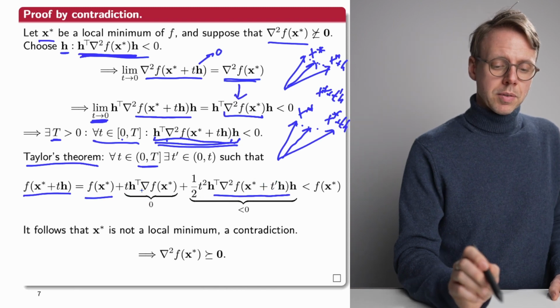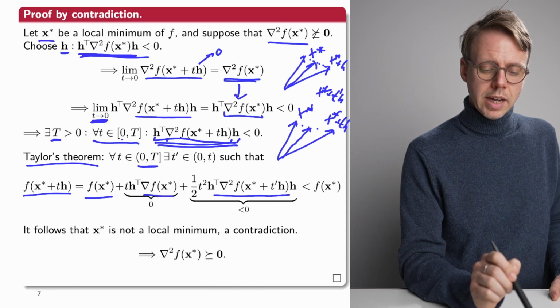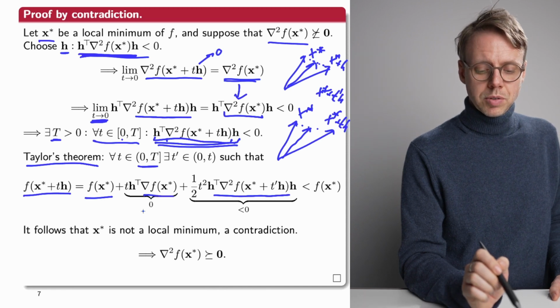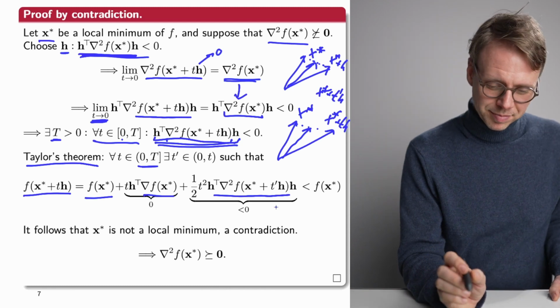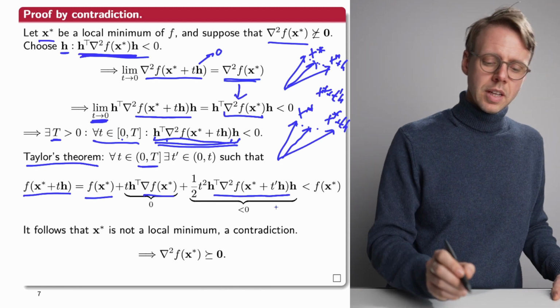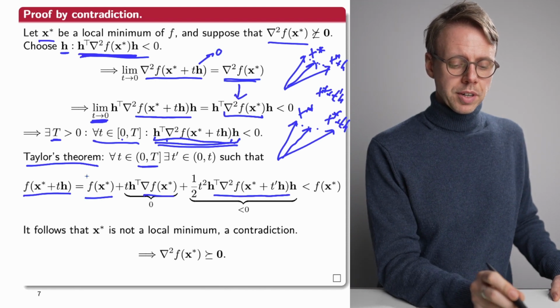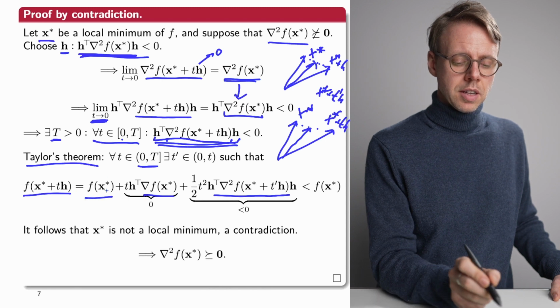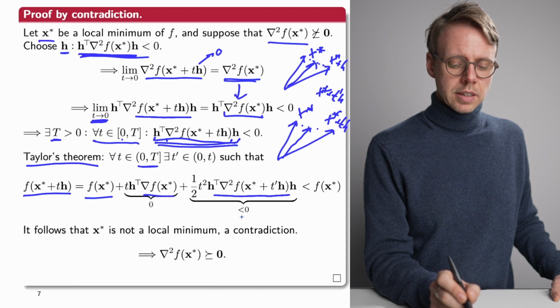We said that we have a local minimum, so the gradient equals 0, as we have just proven in our last theorem. So we're taking a point f of x star, we're adding 0, and then we're adding a term that is smaller than 0.